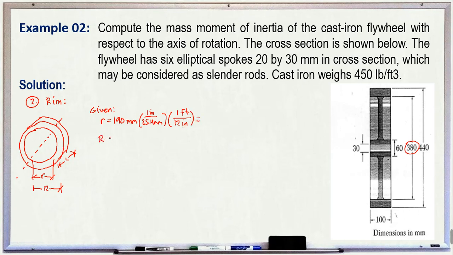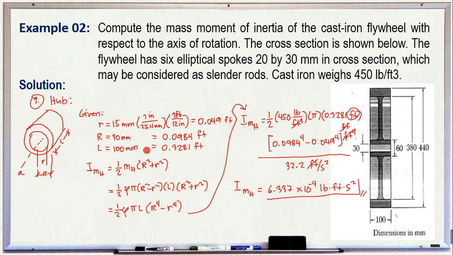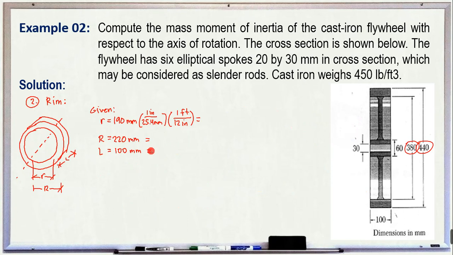And for the bigger radius, that is half of 440. So that is 220 mm. And then for the length, pareho lang sa hub, 100 mm. So kukupihan lang natin, yung length is 0.3281 foot.